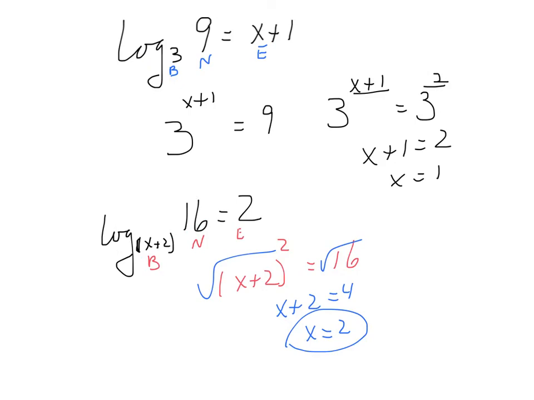So the log, the base, number, exponent. And when we put it into exponential form, it's the base to the exponent equals the number. That's what I call Ben. Okay. So tomorrow we're going to practice just putting these equations from log equations into exponential equations so that we can solve them.